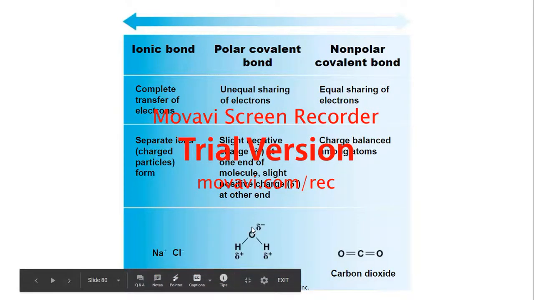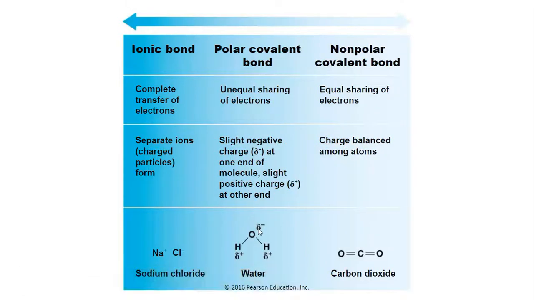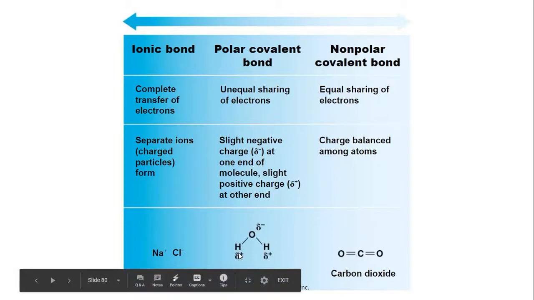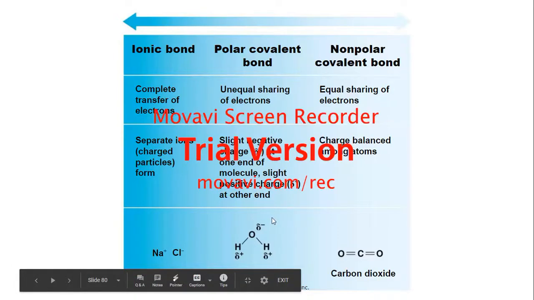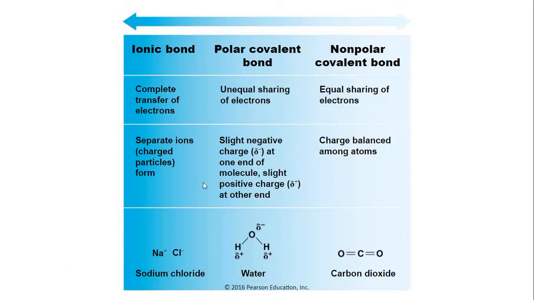The one with the electrons pulled closer is going to be slightly negative, and the hydrogen is going to be slightly positive. Then you can form hydrogen bonds between another water molecule that has a slightly positive hydrogen and this slightly negative oxygen. And then you have non-polar covalent bonds, where the electrons are shared equally.